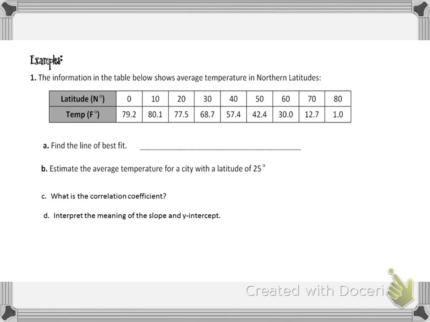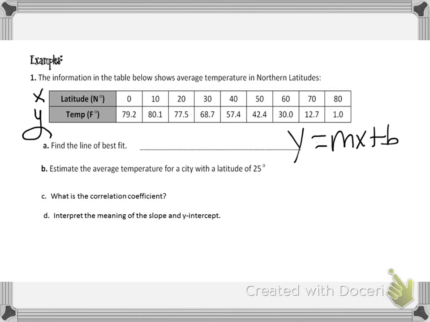Okay, so let's do this first problem. And we're going to do several problems. I'm going to show you how to do this one in Desmos. So they have given us latitude and temperature. Remember, X is on the top, Y is on the bottom. The line of best fit is Y equals MX plus B. That's the format.